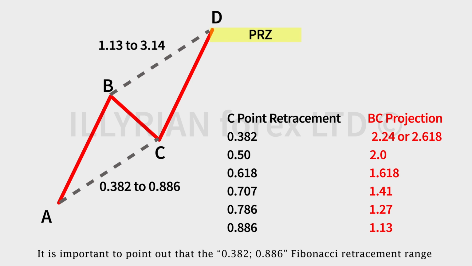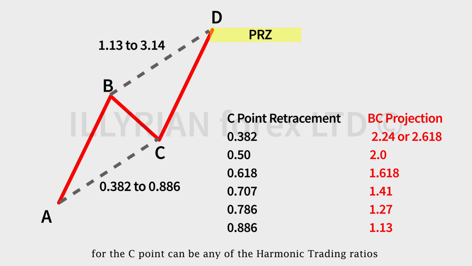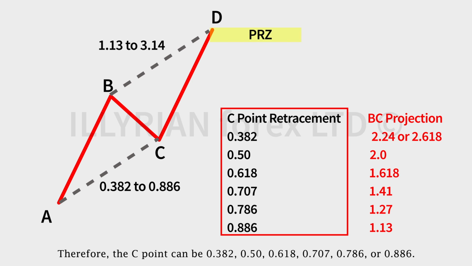It is important to point out that the 0.382 to 0.886 Fibonacci retracement range for the C-point can be any of the harmonic trading ratios that fall between these two constraints. Therefore, the C-point can be 0.382, 0.50, 0.618, 0.707, 0.786, or 0.886.